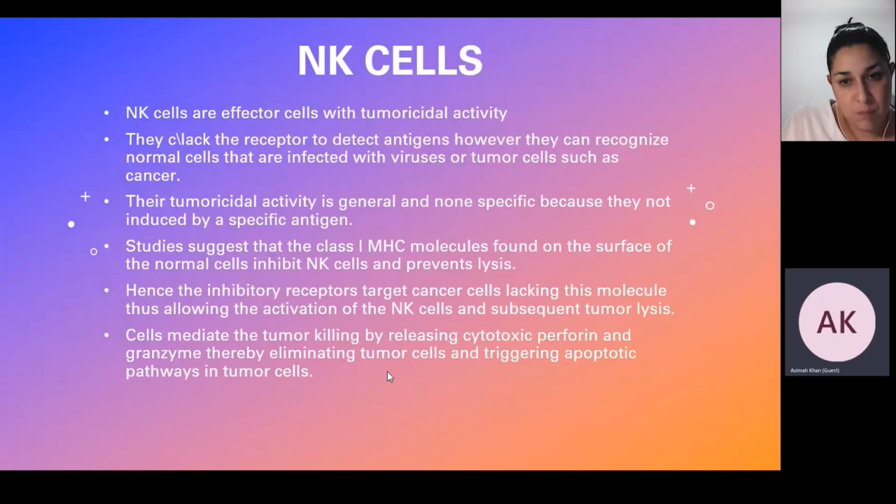which are specific antigen cells. Studies suggest that the class 1 MHC molecules that are found on the surface of the normal cells inhibit the NK cells and prevent lysis. So this in turn means that the inhibitory receptors that target the cancer cells, which lack this molecule, allow the activation of the NK cells, and that's how the tumor lyses.